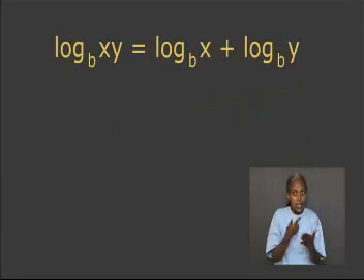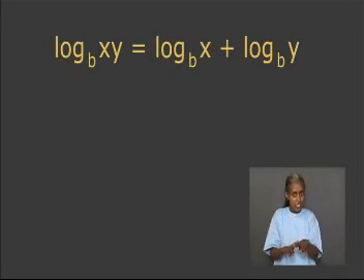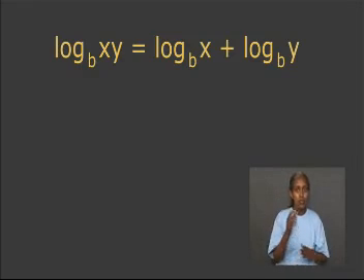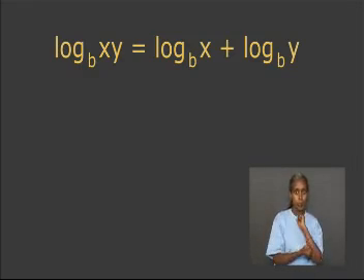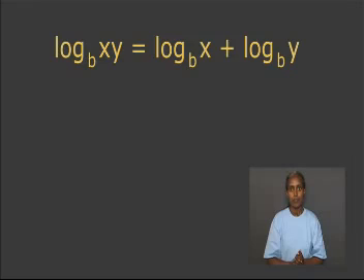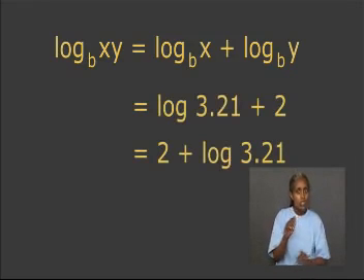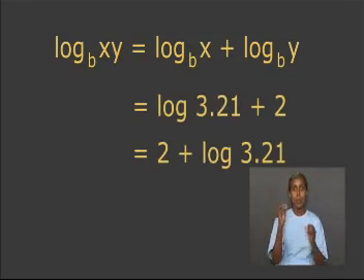This is because of the logarithmic rule that states that the logarithm of xy to base b is equal to the sum of the logarithm of x to base b and the logarithm of y to the base b. Therefore, the equation is equal to 2 plus the logarithm of 3.21.